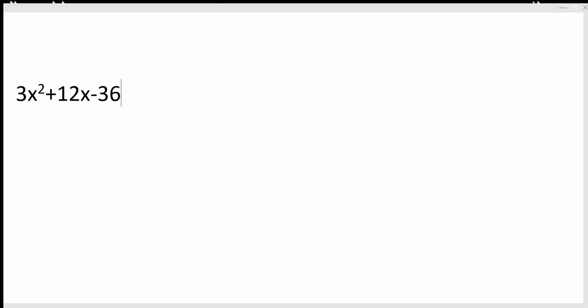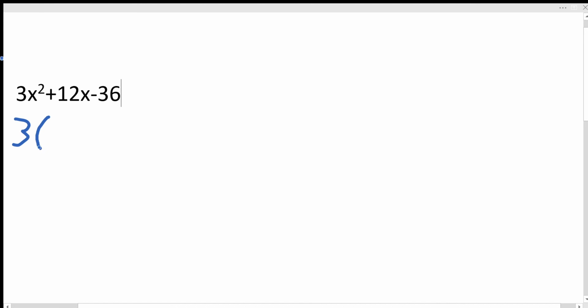But you need to remember that the first thing that we need to do when factoring is look for a greatest common factor of all of our terms. If you look, all three of these coefficients, if we have 3, 12, and negative 36, all of those are divisible by 3, which means we can factor a 3 out.